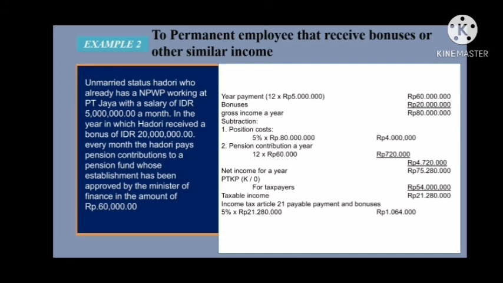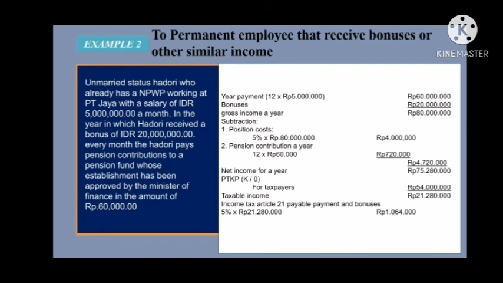In that year, Hadori also received a bonus of 20 million rupiah. Every month, Hadori pays pension contribution to a pension fund whose establishment has been approved by the Minister of Finance in the amount of 60,000 rupiah.